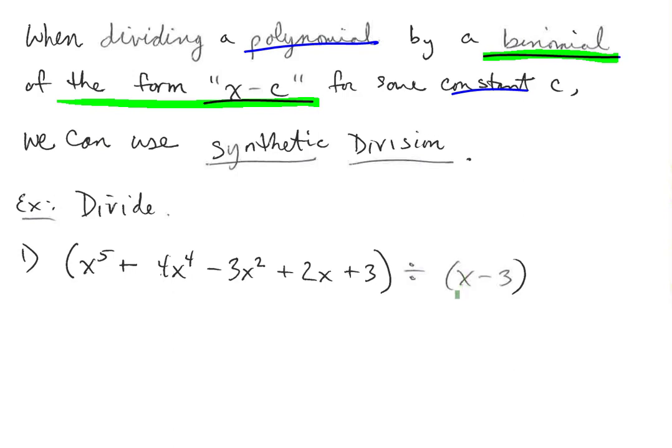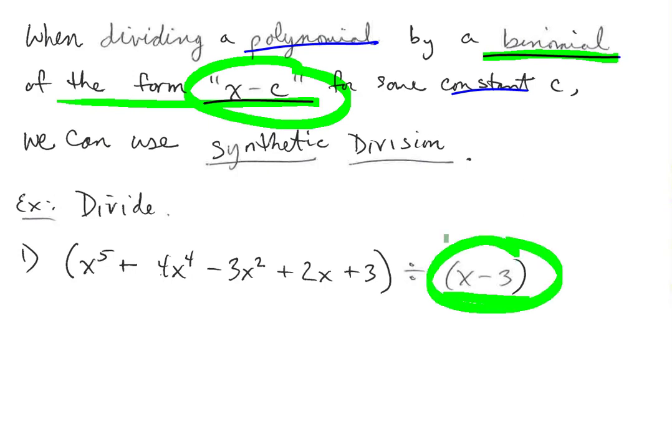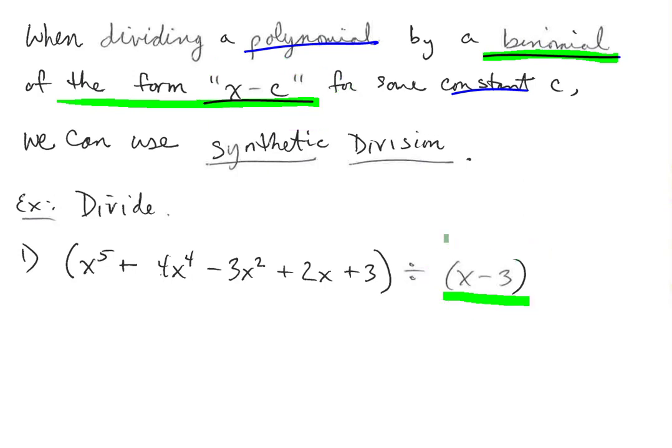So let's understand we're dividing by x minus 3. That fits our x minus c setup that we need here. Because remember, if we don't have that kind of divisor or denominator, then this process won't actually even work.